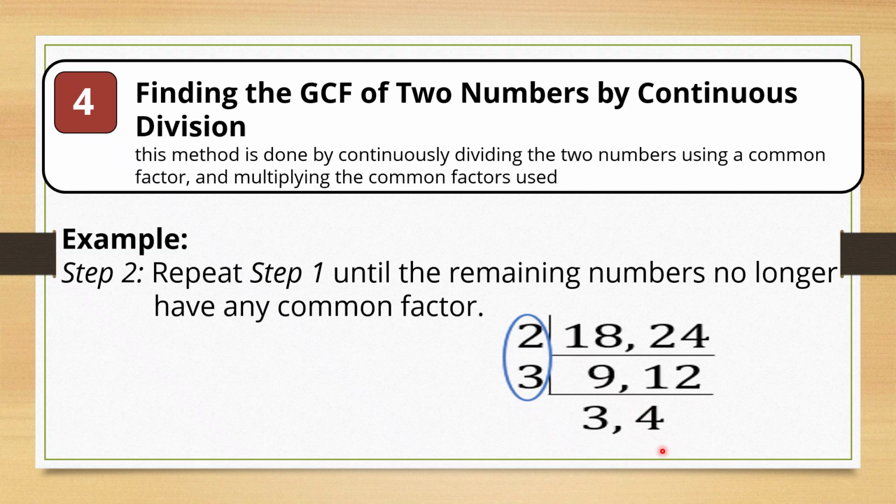Now, can you still think of a common factor of these two numbers, 3 and 4? Okay, you're right. That means we can no longer have any common factor of 3 and 4. So we stop right here.